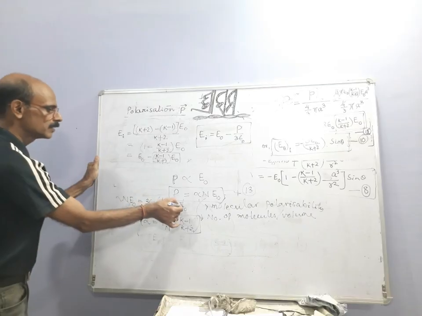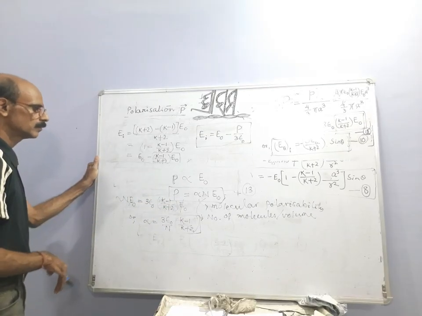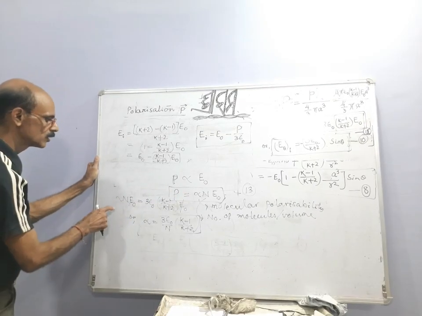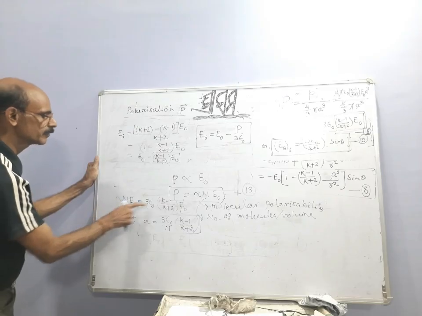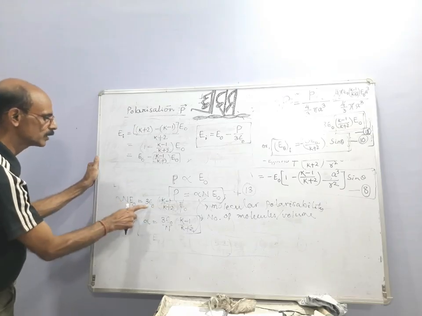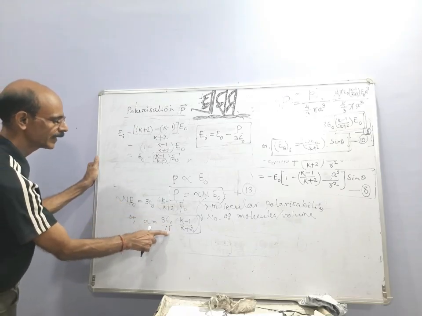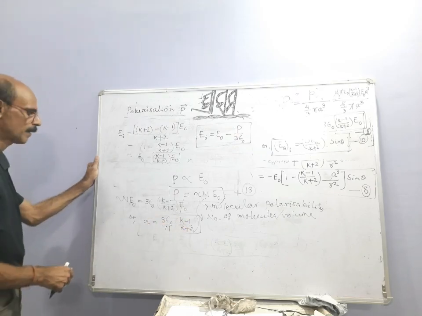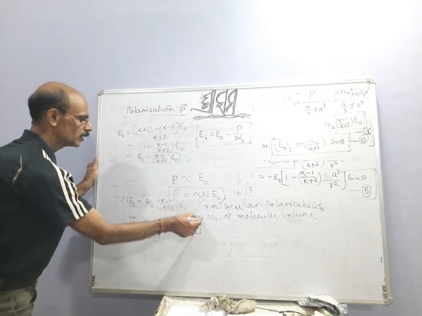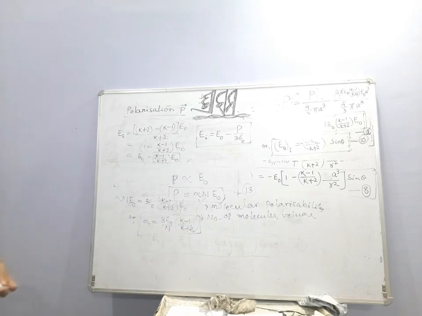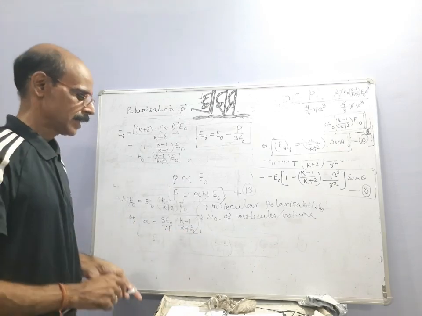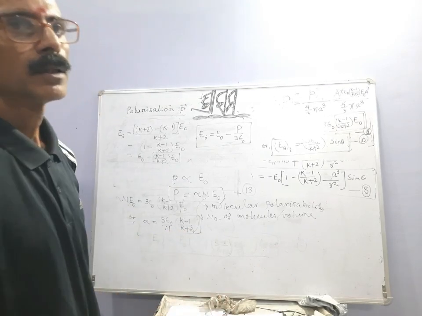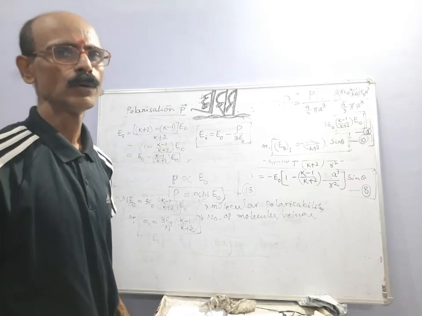E0 cancels on both sides, so alpha is equal to 3 epsilon naught divided by n into (k minus 1) by (k plus 2). This formula is popularly known as the Clausius-Mossotti formula. This completes the dielectric sphere in a uniform electric field.